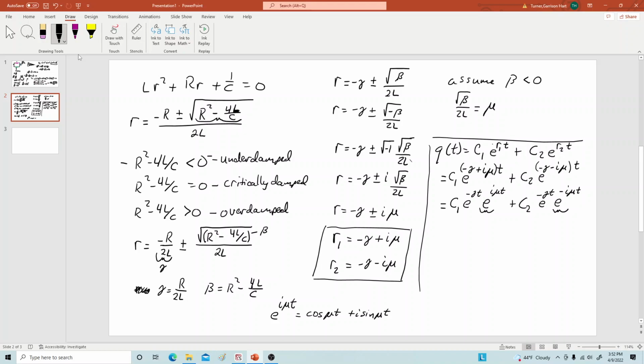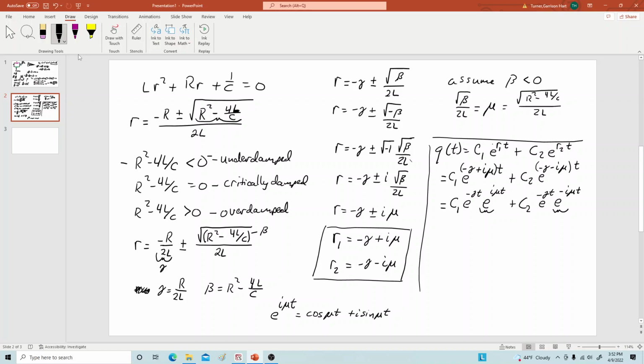So mu is acting like an angular frequency. Okay, so this quantity is now acting like an angular frequency, right?